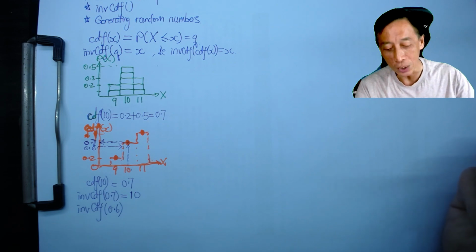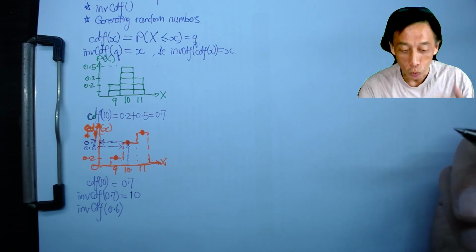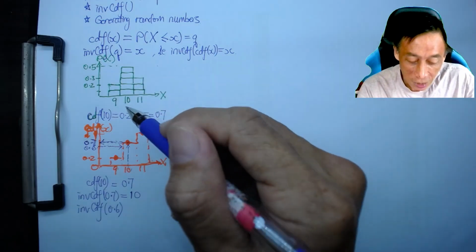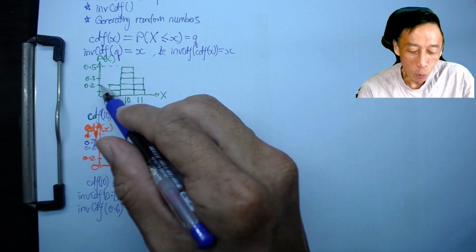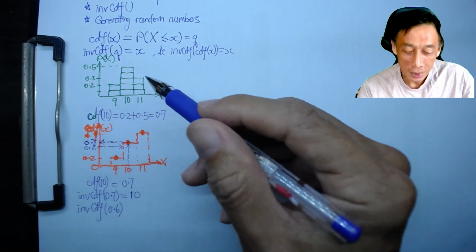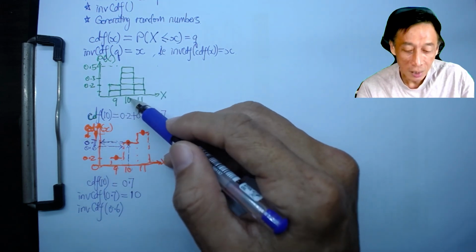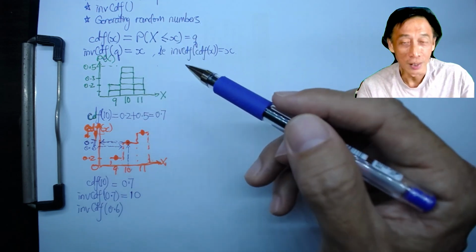So now what we need to do is trial and error. The CDF of 9 would have accumulated 0.2. If we try 10, we would have accumulated 0.7.